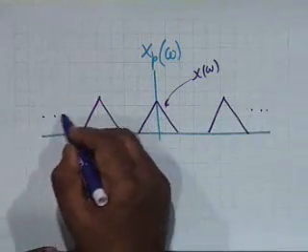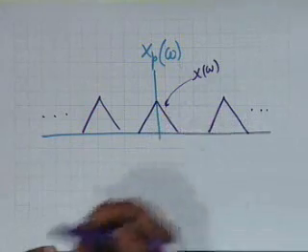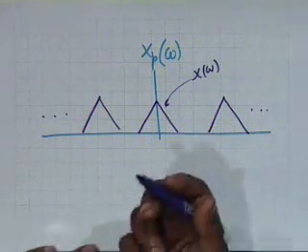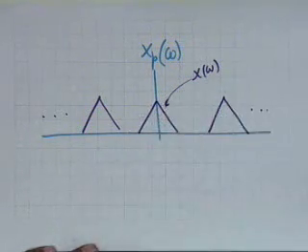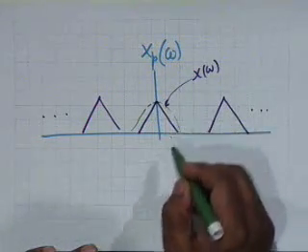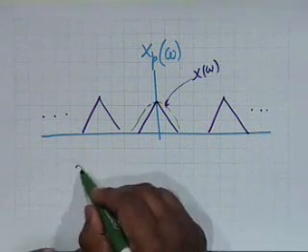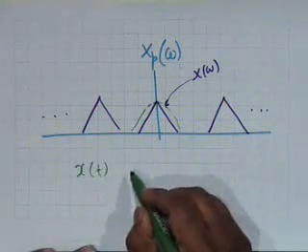There is a point that I want to make, lest this be misunderstood, that not all spectra are like a triangle. It is simply an example that we take. The actual spectrum could be something like this. We don't care. All that we care about is two conditions. First, x of t is band limited.